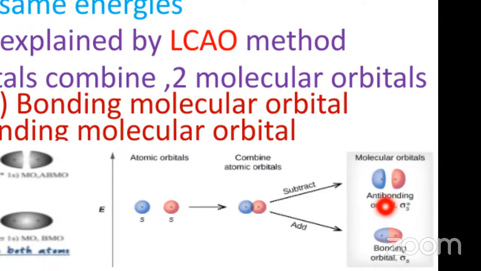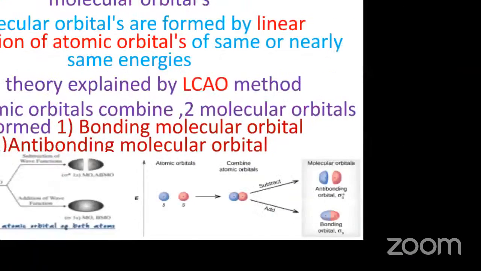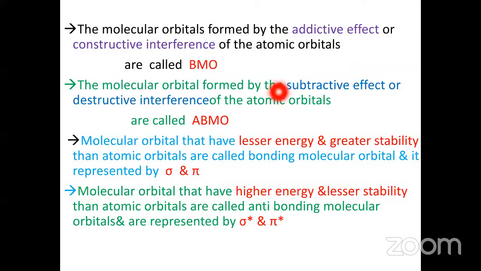The anti-bonding molecular orbitals are the molecular orbitals formed by subtractive effect or destructive interference of atomic orbitals. The molecular orbitals formed by the additive effect or constructive interference of the atomic orbitals are called bonding molecular orbitals.